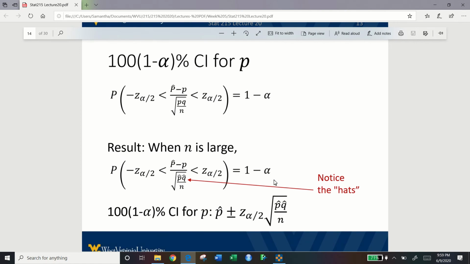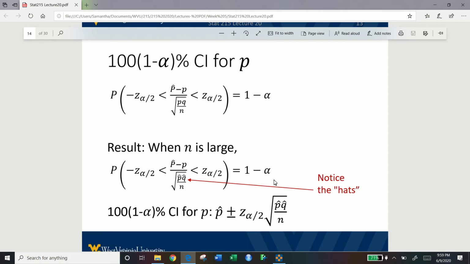So this would imply that a 100 times 1 minus alpha percent confidence interval for p would be the probability of negative z alpha over 2 less than p-hat minus p over the square root of pq over n less than z alpha over 2, which would be equivalent to 1 minus alpha.